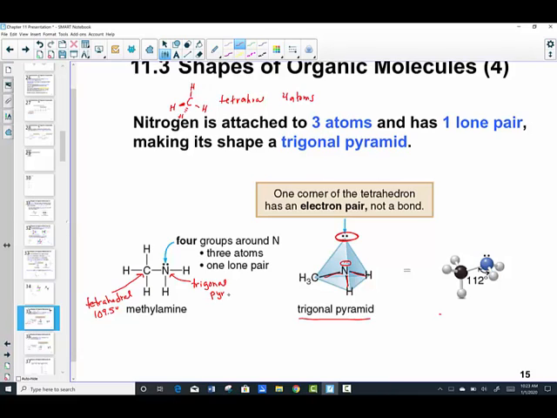And that means that it's got a little bit less of a bond angle, about 107, just a little bit smaller because this big cloud of electrons actually takes more space than an atom would, and therefore reduces the bond angles between the hydrogens, kind of shoving them down a little bit. So three atoms and one lone pair is known as trigonal pyramid.